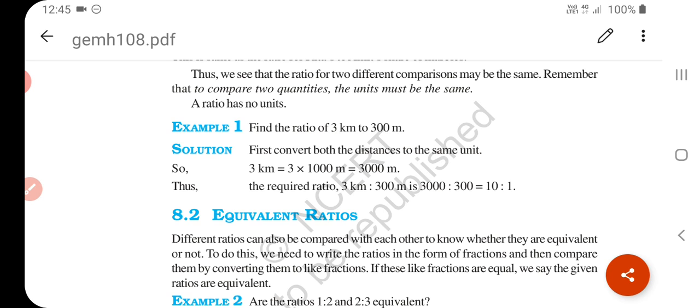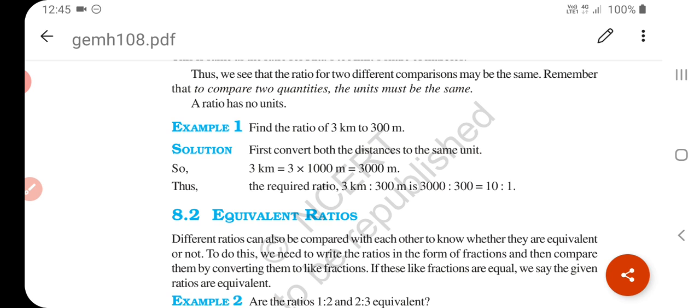Okay, and we always compare quantities with the same unit. Understand? And a ratio has no unit. A ratio does not have a unit of its own. This means that you can compare the height of a building with that of a man if both heights are expressed in meters, and not if one is expressed in meter and another in centimeter. So you do not compare that type of data.